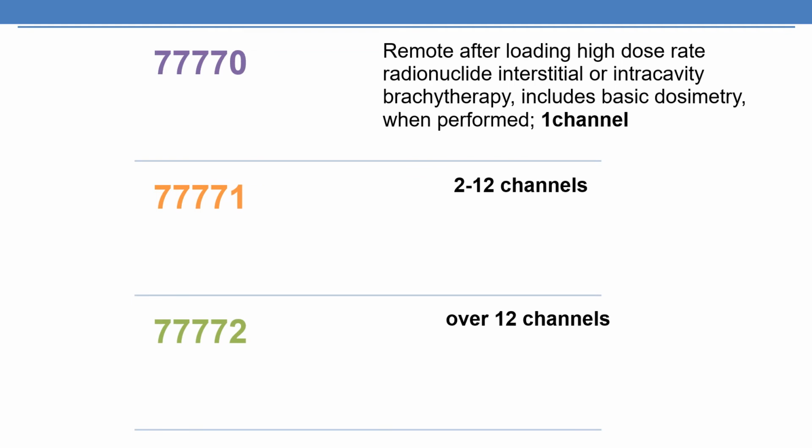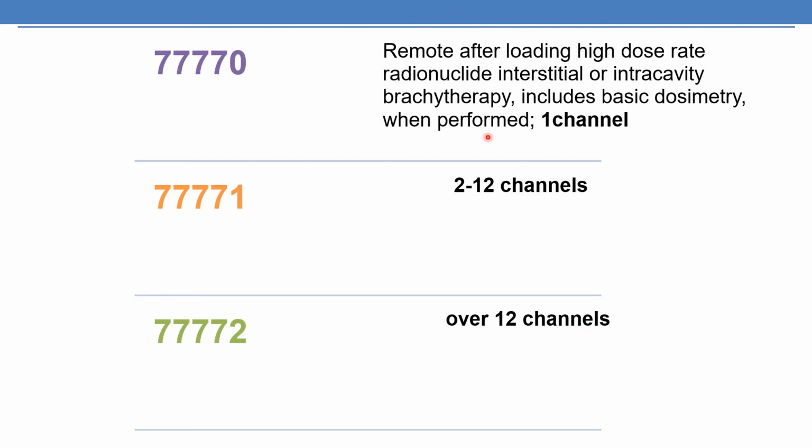The next code is 77770. Remote afterloading high dose rate radionuclide interstitial or intracavitary brachytherapy includes basic dosimetry when performed, 1 channel. The next is 77771. Here 2 to 12 channels are used. The next code is 77772. Here over 12 channels are used.